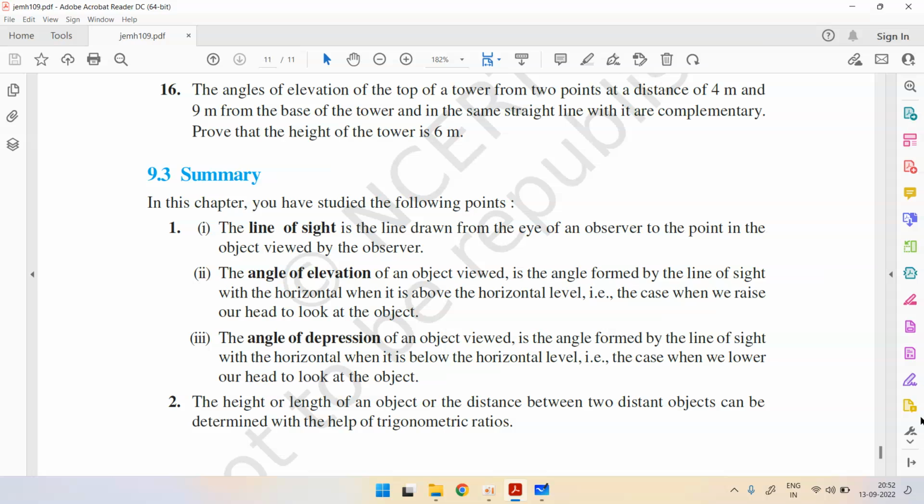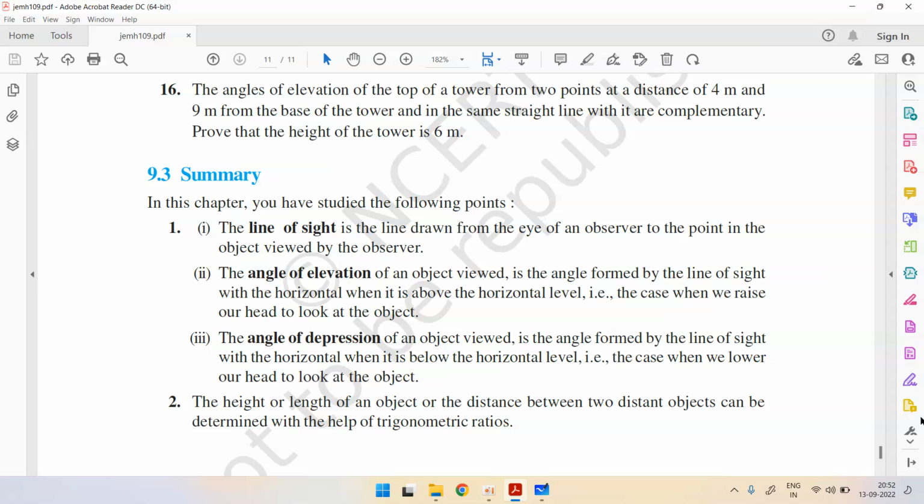Now the angle of depression is formed by the line of sight with the horizontal, but below the horizontal level. The previous one was above the horizontal level, and in the case of the angle of depression, we have to look lower to view the object.